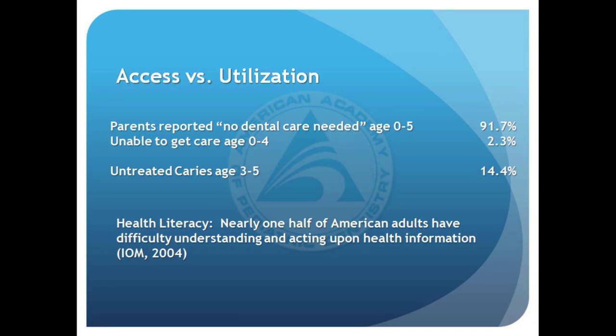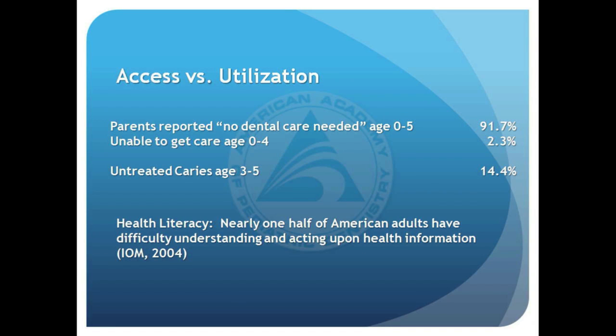So you have to ask the question again, are we talking about access or utilization? Is care available? If parents aren't seeking care, we really don't know if there's available care for every child who needs it. So this really speaks to the need to educate families about the importance of primary teeth and why they need to see a dentist at an early age. Again, access versus utilization.